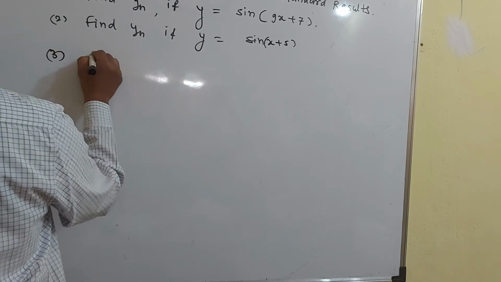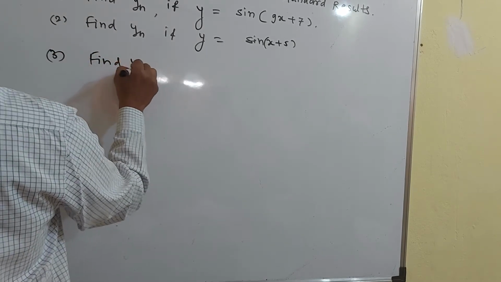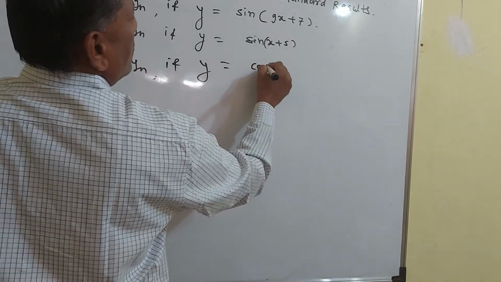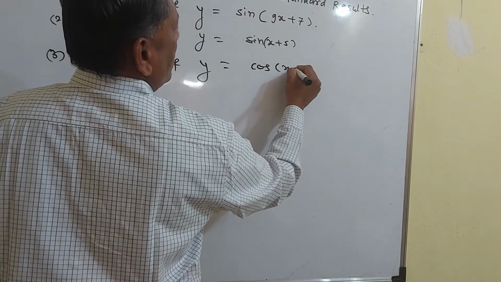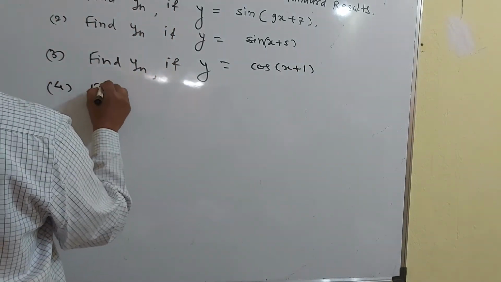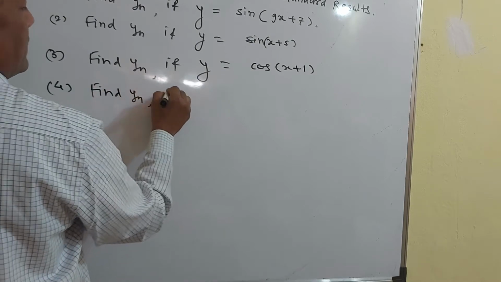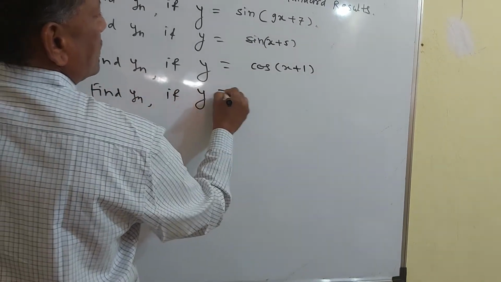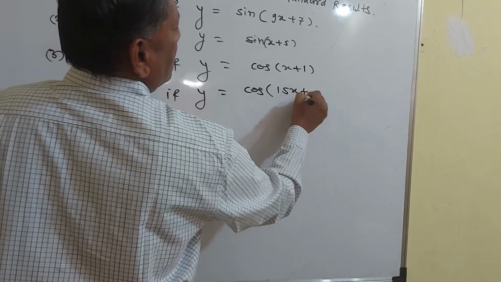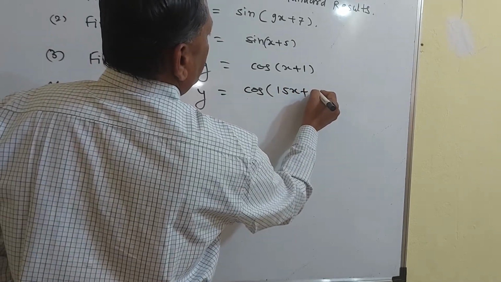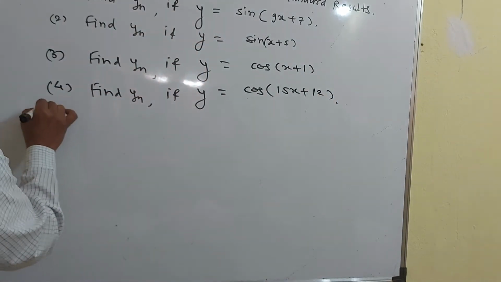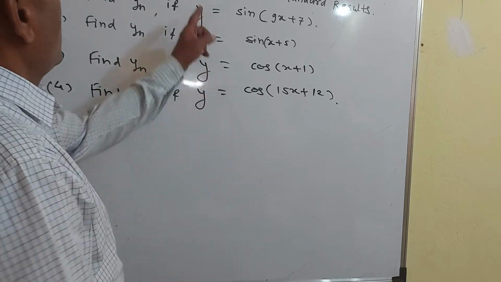Number 3, find yn if y is equal to cos of x plus 1. Number 4, find yn if y is equal to cos of 15x plus 12. Now we see solution of these examples one by one.